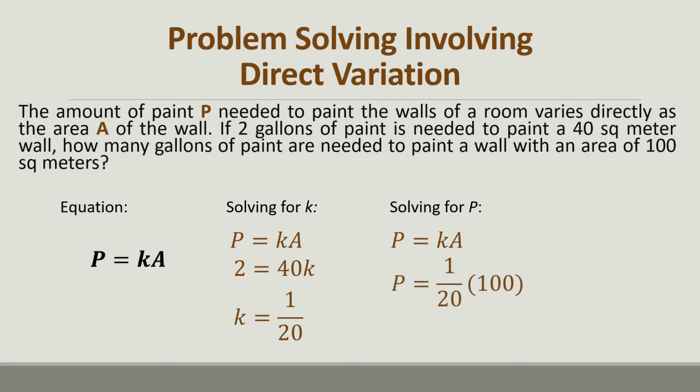So we have P is equal to 1 over 20 times 100. And what do you do after that? You multiply 100 with 1, and that's 100. You divide it with 20, so P is equal to 5 gallons of paint. You can actually just do 100 divided by 20. That's it. So you get 5.